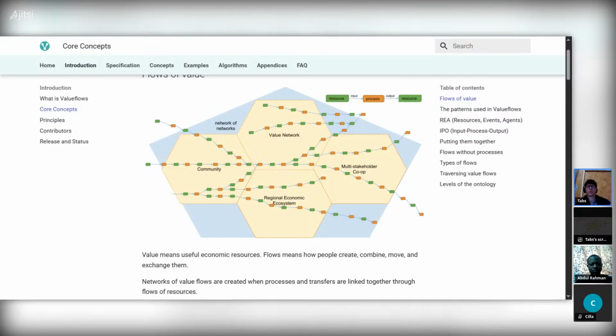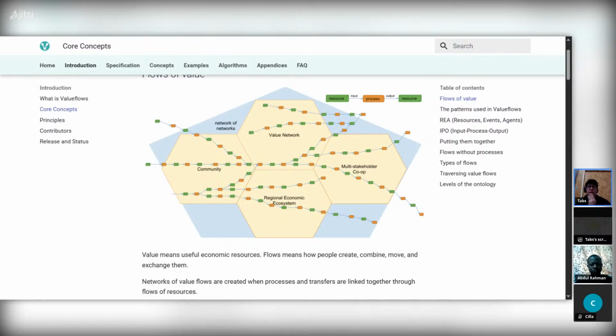So if you remember the video that Abdurrahman sent in, where it's inside the processing plant where they convert the material, it's basically that's a process.